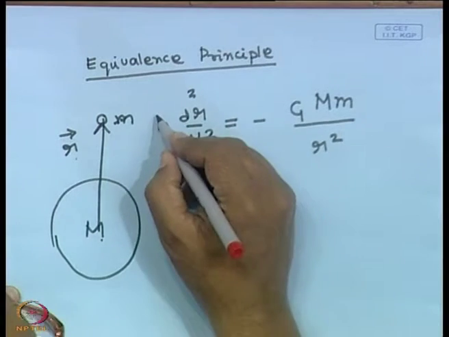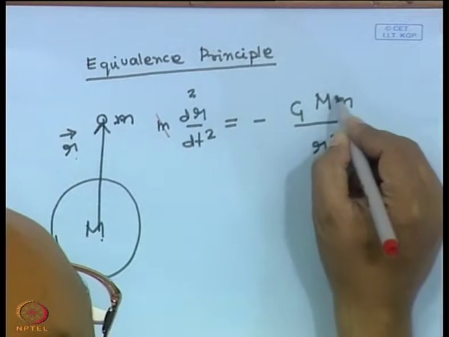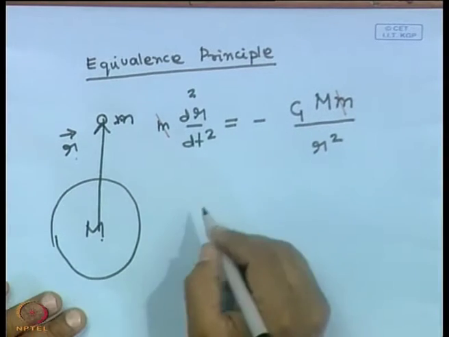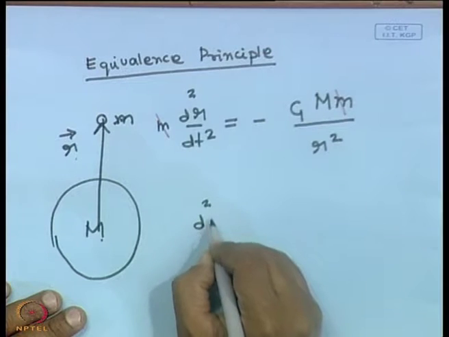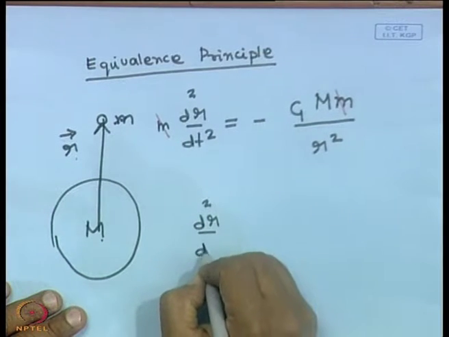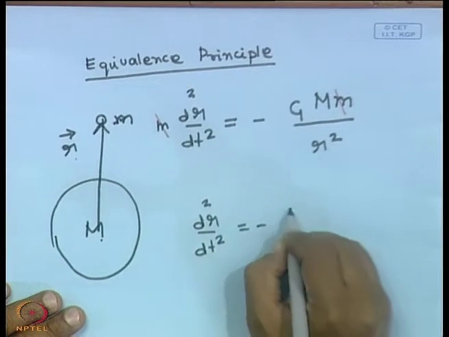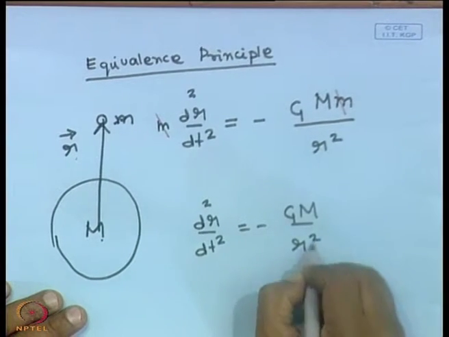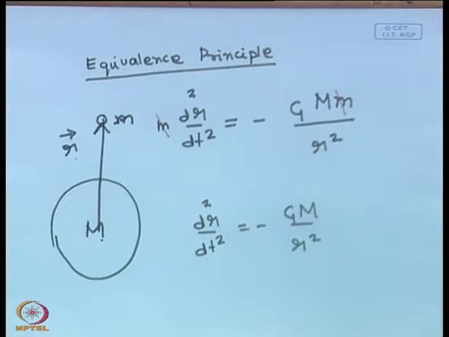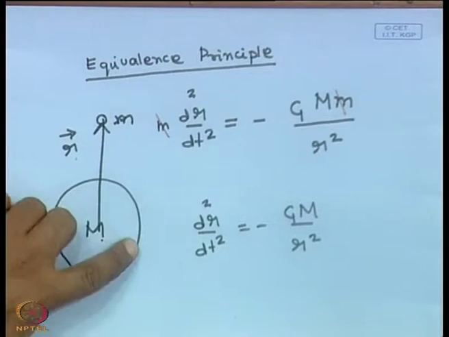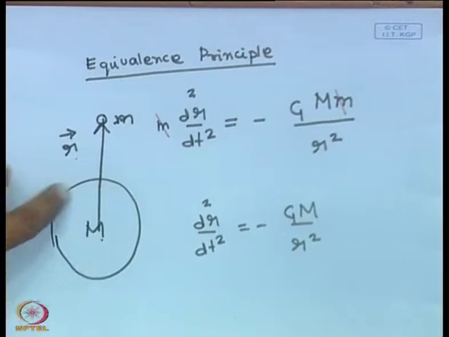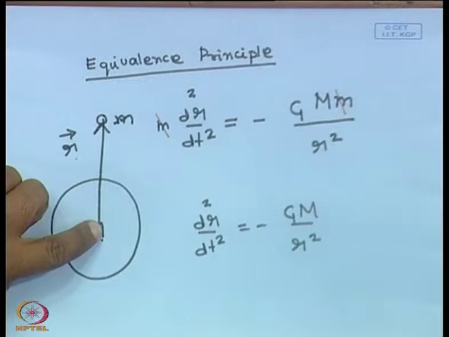So I can essentially cancel it out, and what I can say is that the acceleration is this. It does not depend on the mass of this particle, it only depends on the mass of the other particle that is producing the gravitational field.